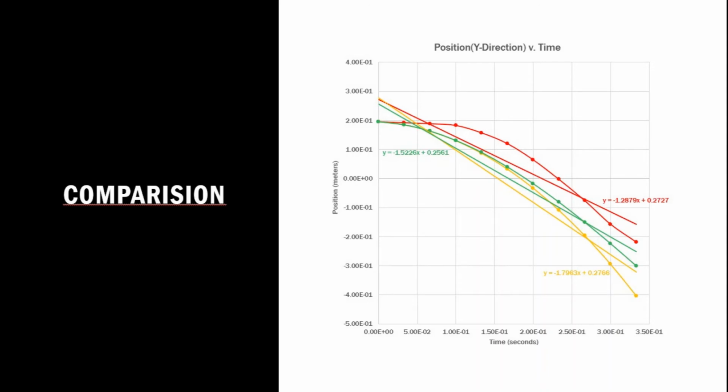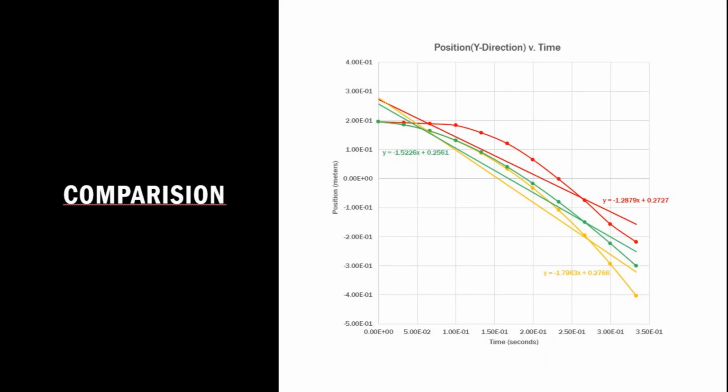For instance, the red graph with the red line has an equation of y equals negative 1.2879x plus a y-intercept. This slope shows that the average velocity over time was negative 1.2879 meters per second.